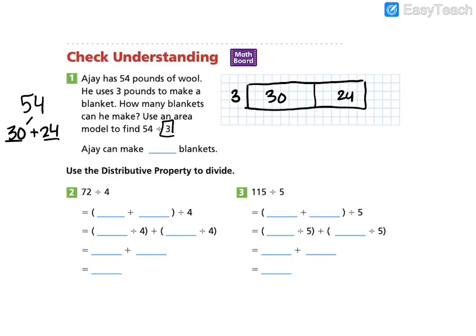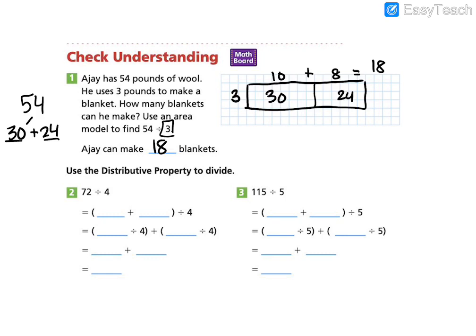If you wanted to count, you totally can. You can make this a perfect area model. But right now, I'm just going to use my area model to solve. I know that 30 divided by 3 is 10. And 24 divided by 3 is 8. Therefore, AJ can make 18 blankets.